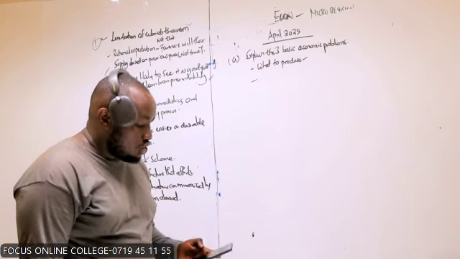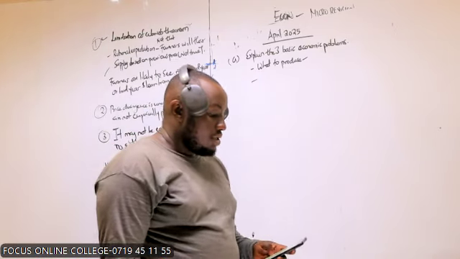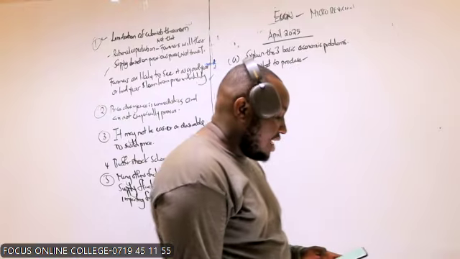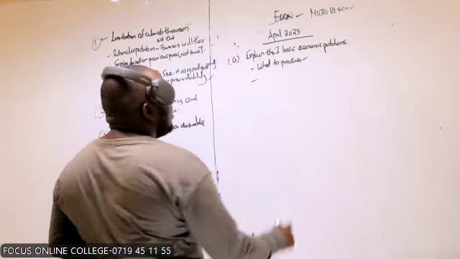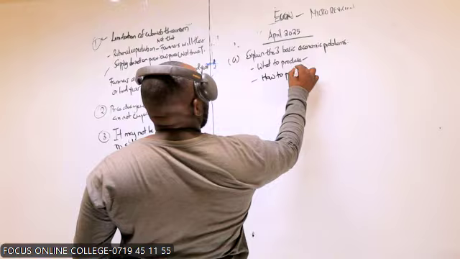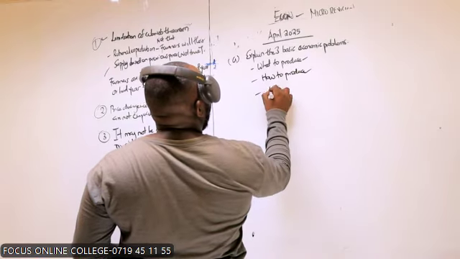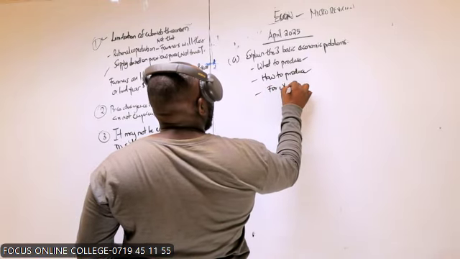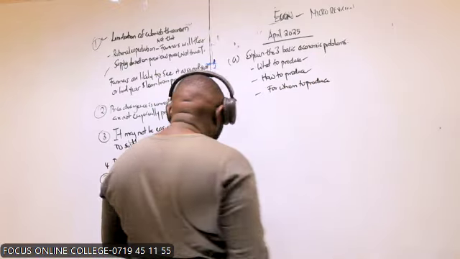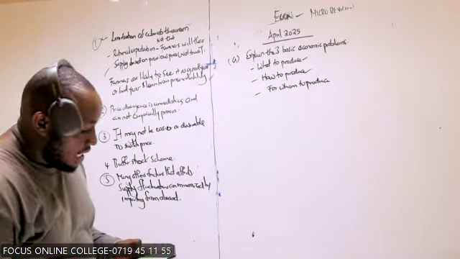After determining what to produce, the next is how to produce, and then for whom to produce.